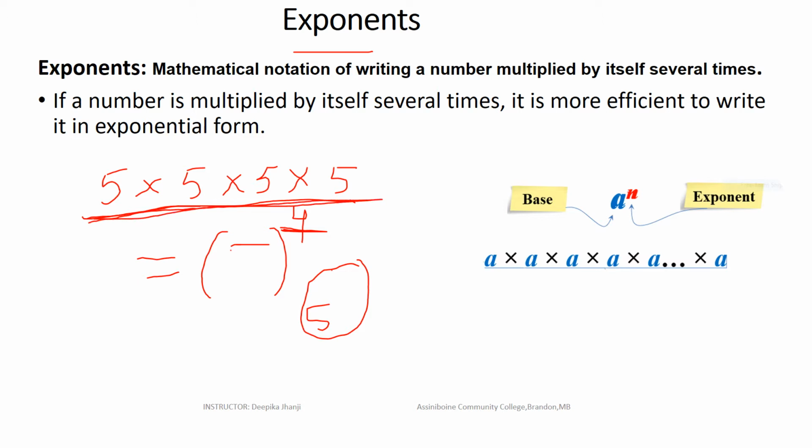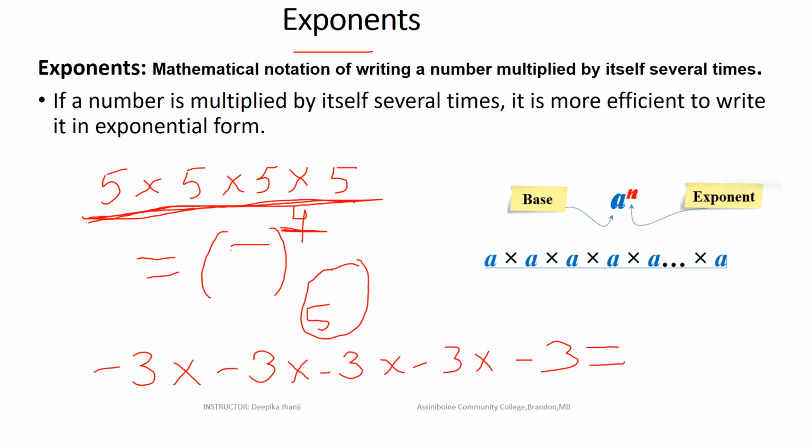Another example: let's say -3 is multiplied 5 times. So -3 times -3 times -3 times -3 times -3. As you can see, it's difficult to write the product of a number by itself several times, so we use the exponential form.